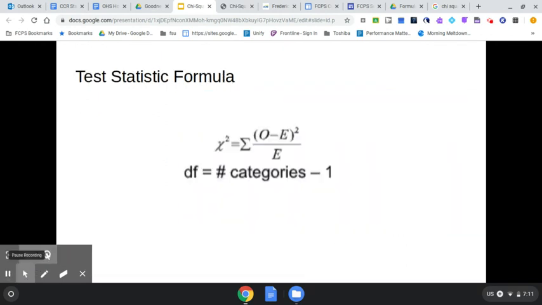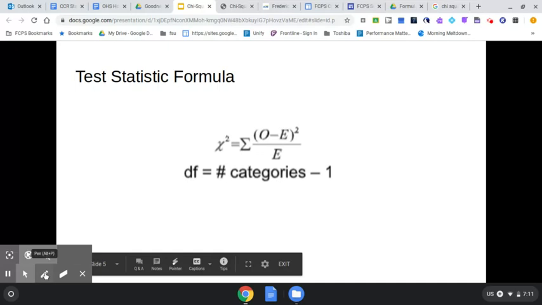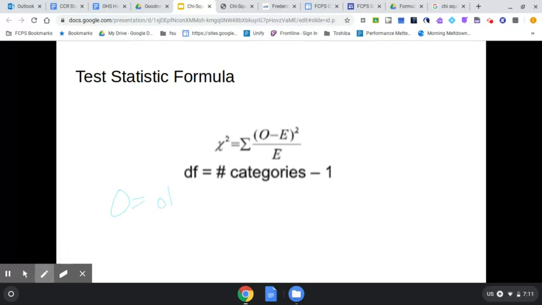Okay, here is our test statistic formula for the chi-squared distribution. We have chi-squared is equal to the sum of (O minus E) quantity squared over E, where O equals the observed value, and E is representing the expected value.